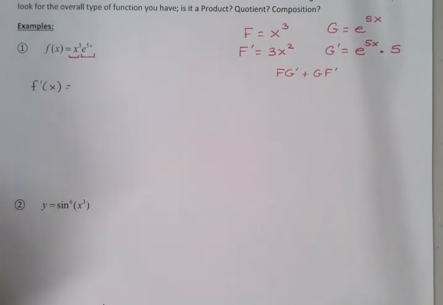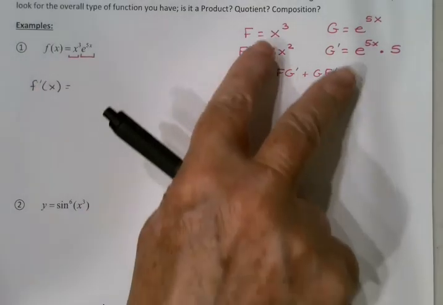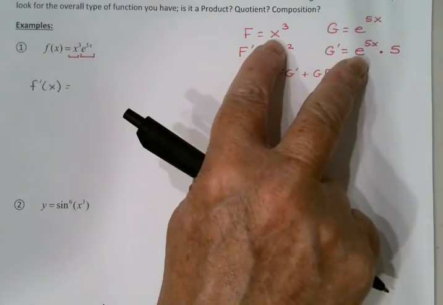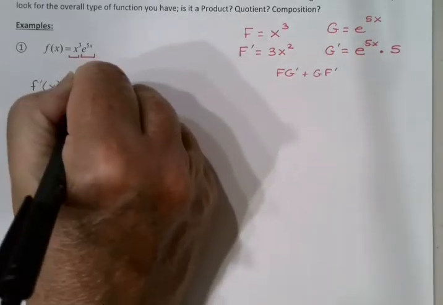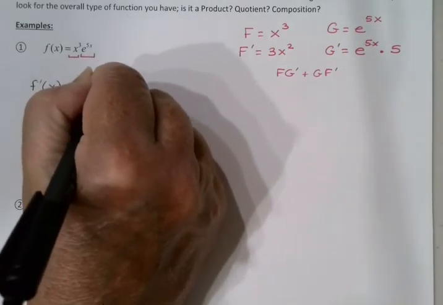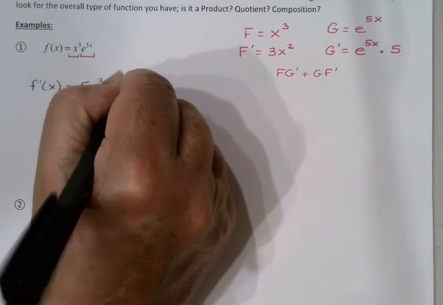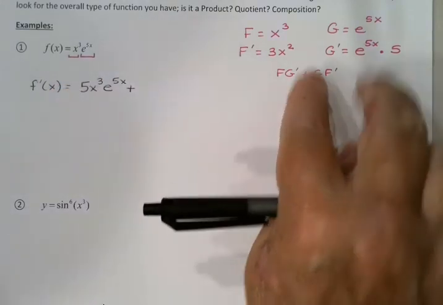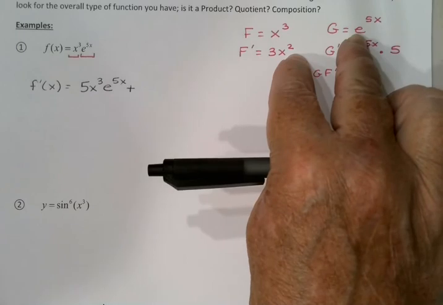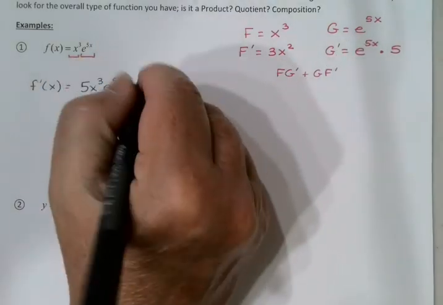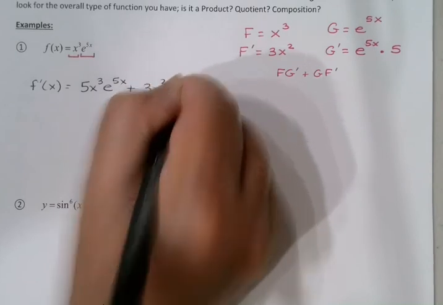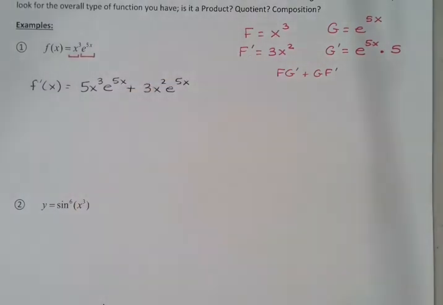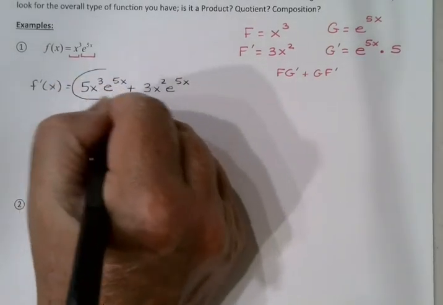So little f prime of x, fg prime, we'd have 5x cubed e to the 5x plus gf prime, right here, 3x squared e to the 5x. And although you could factor that or something if you wanted to, there's no reason we have to. That's a perfectly good simplified form.